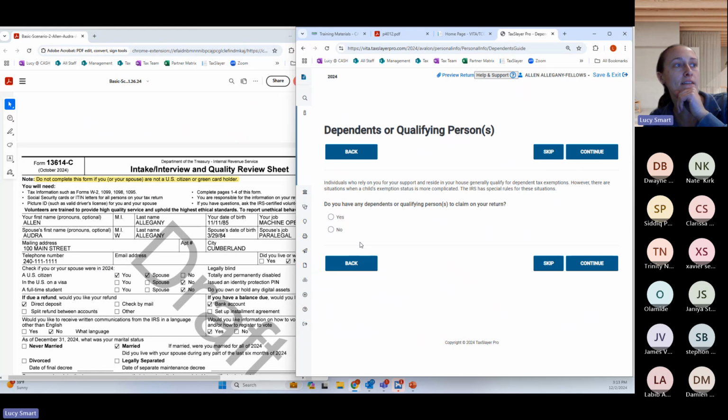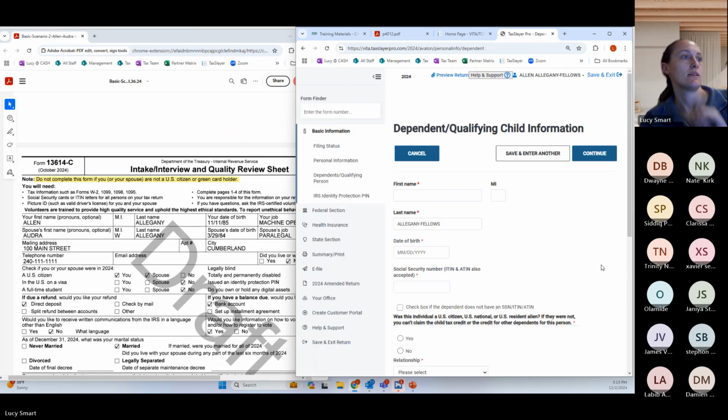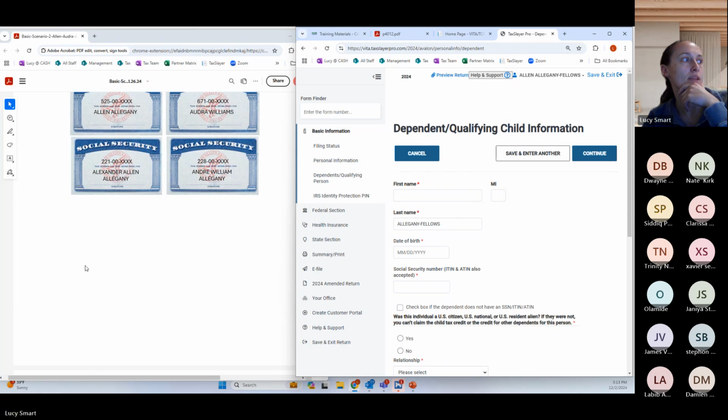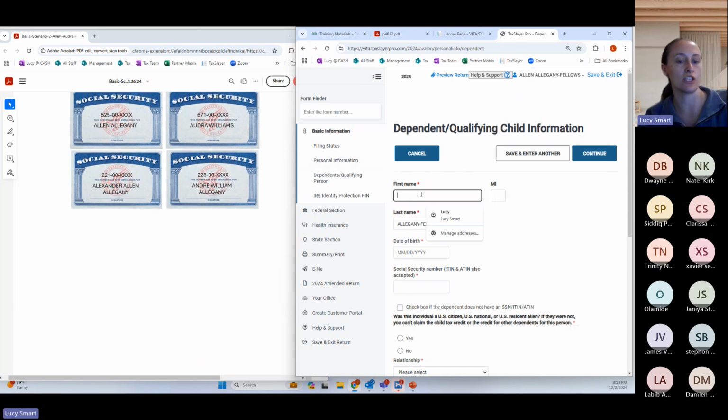Then TaxSlayer asks us if they have any dependents or qualifying persons to claim on the return. We already know they do, so we'll say yes. And let's enter the information for the two sons. Again, we check the name on the social security card. His name is Alexander, a middle initial A, and then his last name's Allegheny.